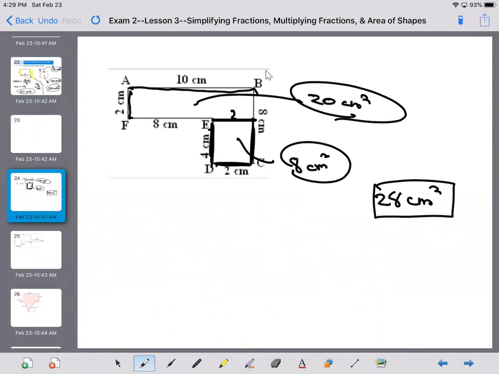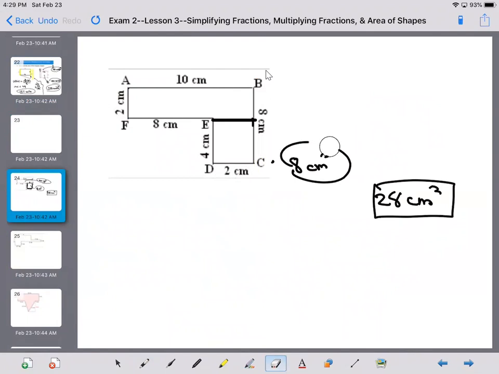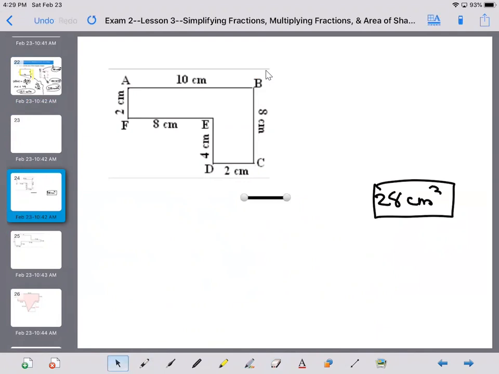All right, well, what if I looked at it as a different approach? What if I enclose the figure and now I just want to subtract out that piece?